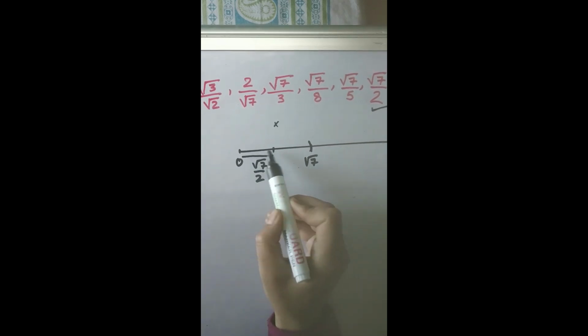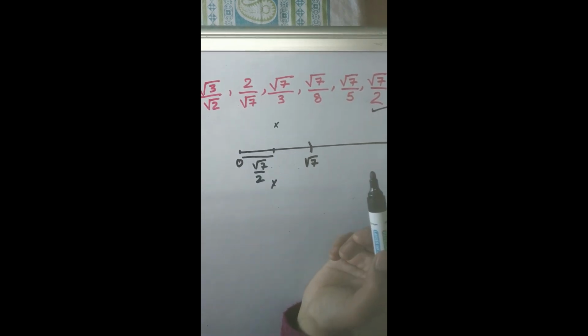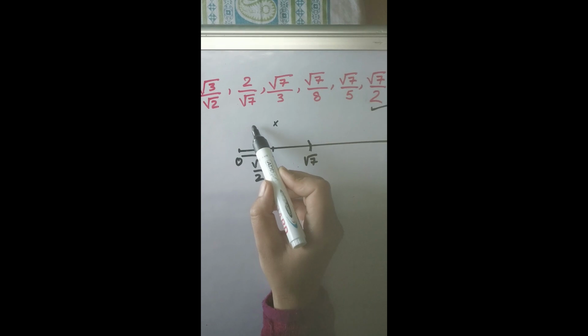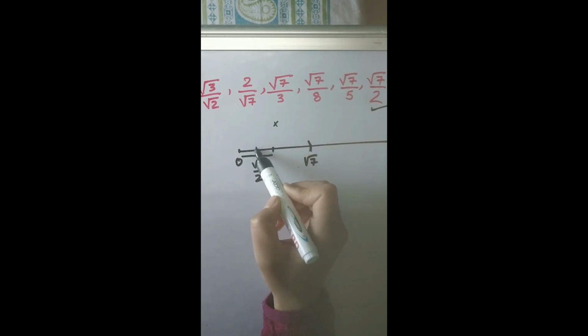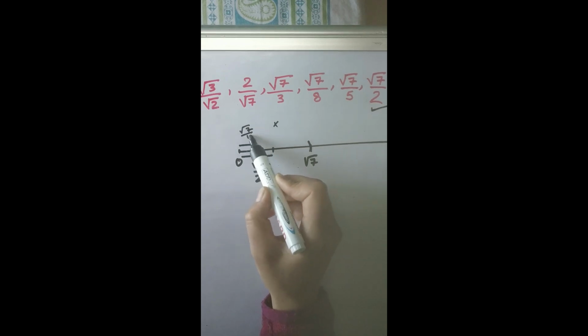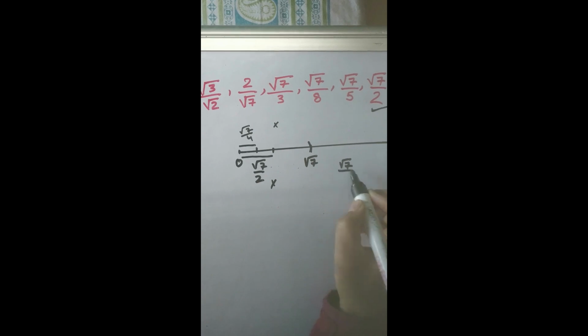If we further halve it through perpendicular bisection, which is how we bisect a line segment, we'll get this, and this is going to be root 7 over 4. So through perpendicular bisection, we can find root 7 over 2, root 7 over 4, root 7 over 8, just like this.